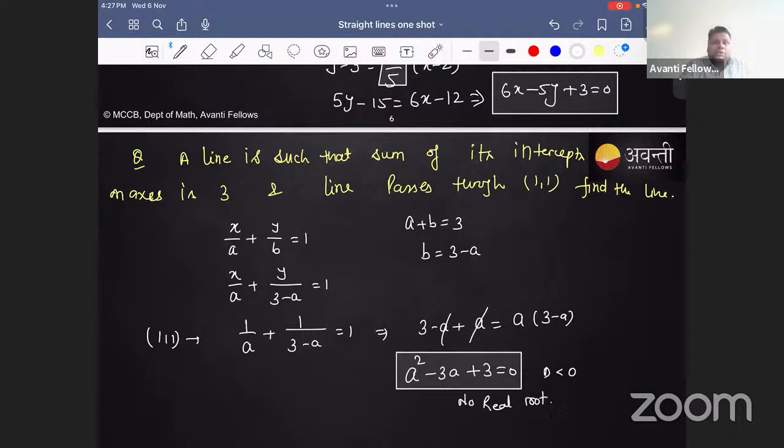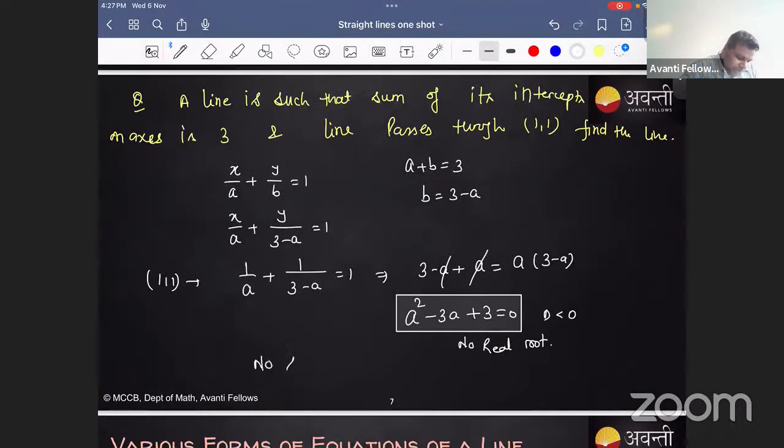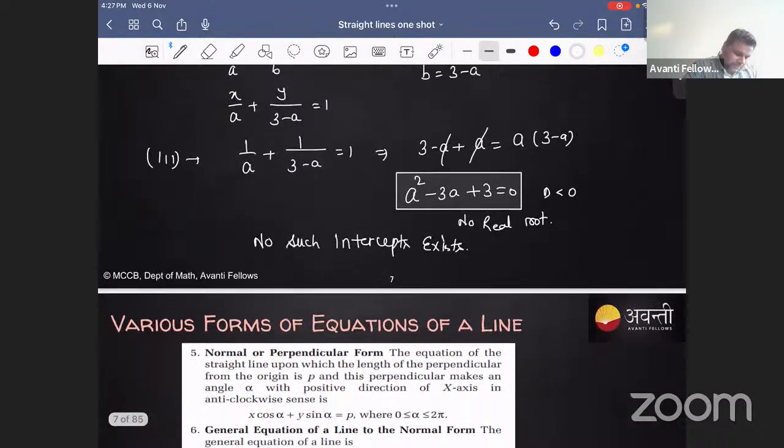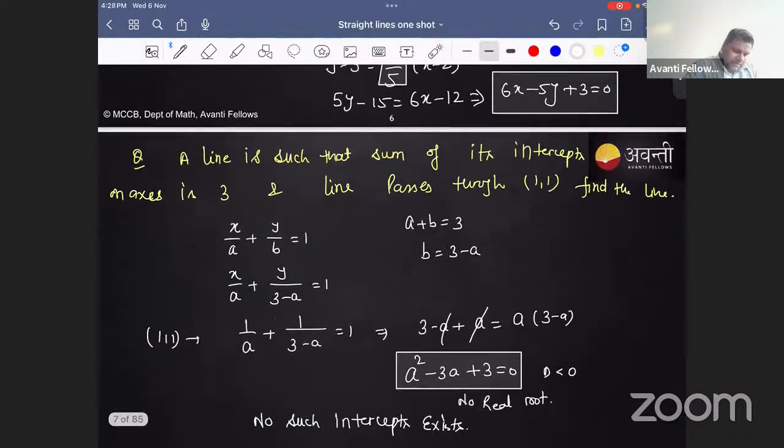So if there is no real root, that means no such a and b exist. So no such intercepts exist. Am I clear? Got it?